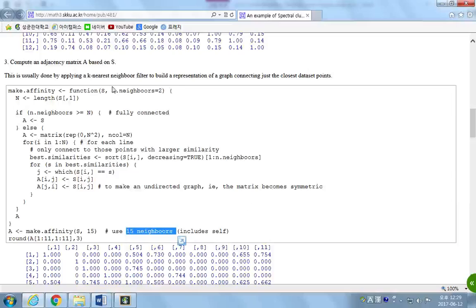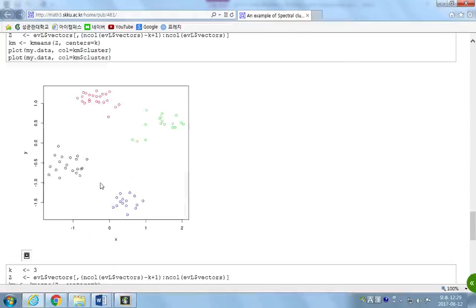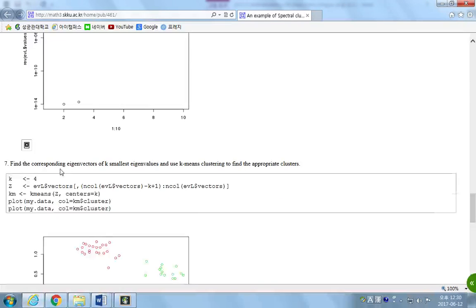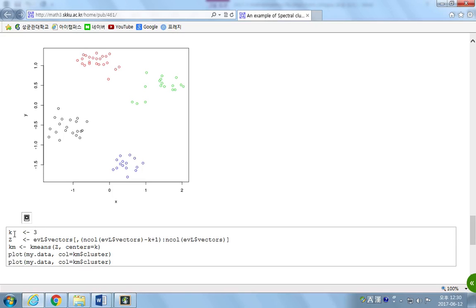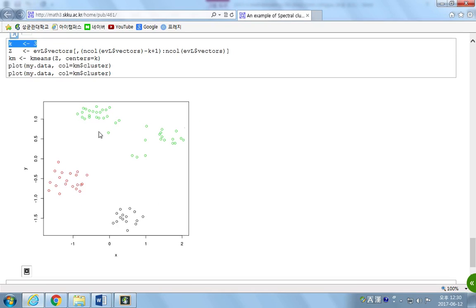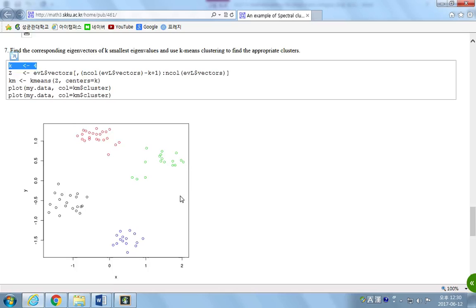Then we get this result. Here the first 3 eigenvalues are very small, so we should choose K is 3. Then the result is this. But we can also choose K is 4, then the result is also a good result.